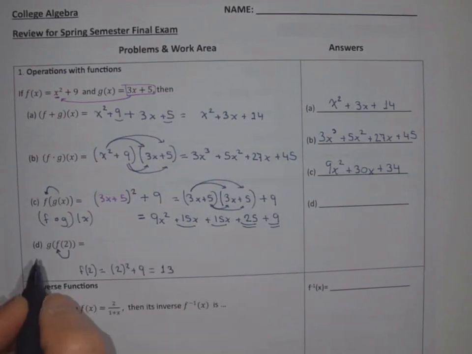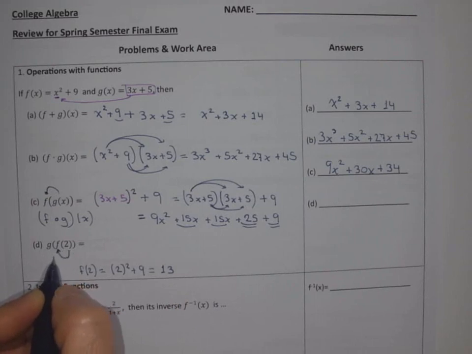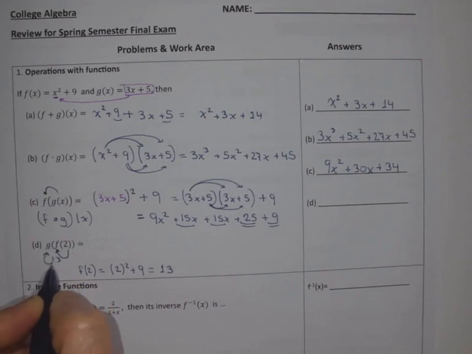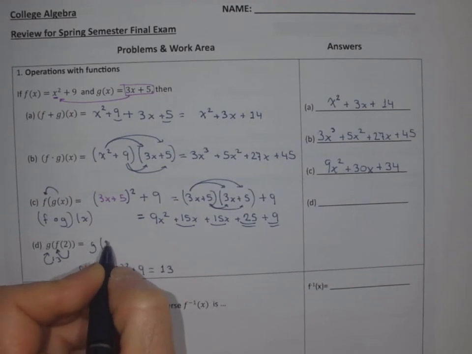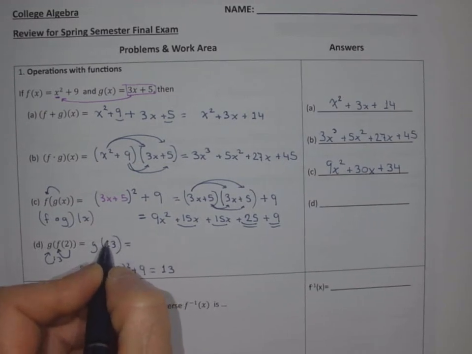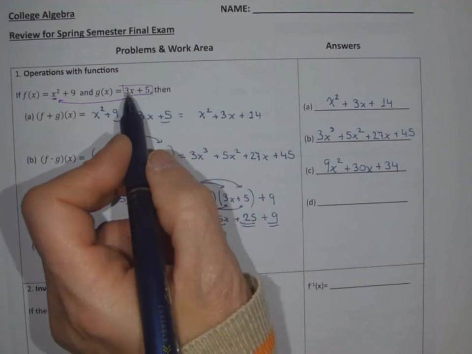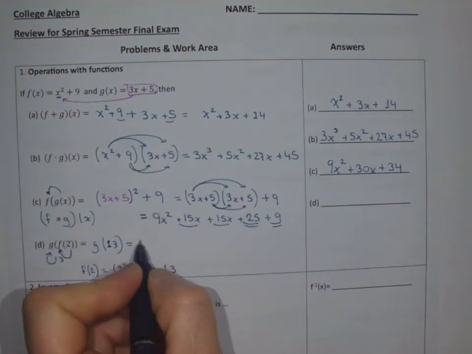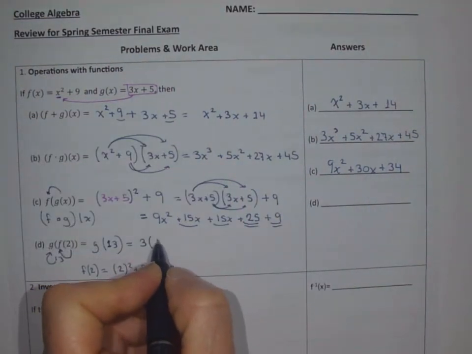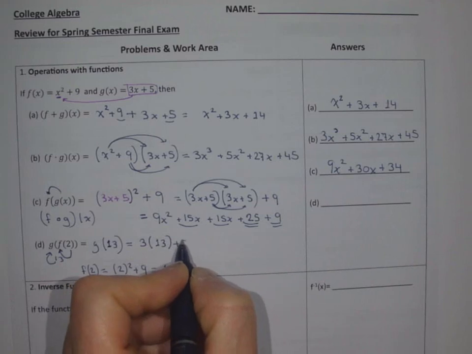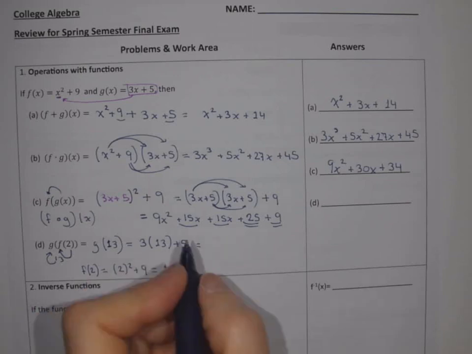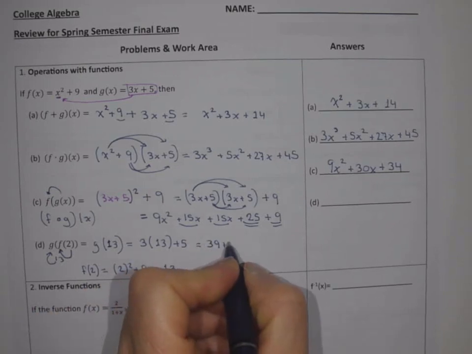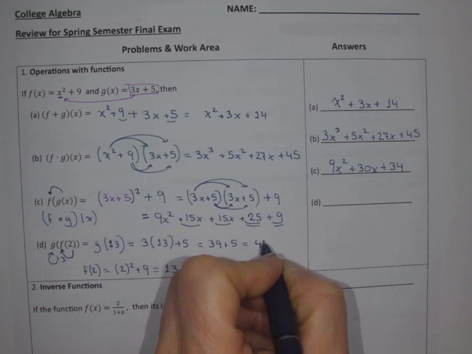So now I take that 13 and I'm going to plug it into the g function. So that will be g of 13. And your g function is 3x plus 5, so that will be 3 times 13 plus 5. And 3 times 13 is 39 plus 5, that will be 44.